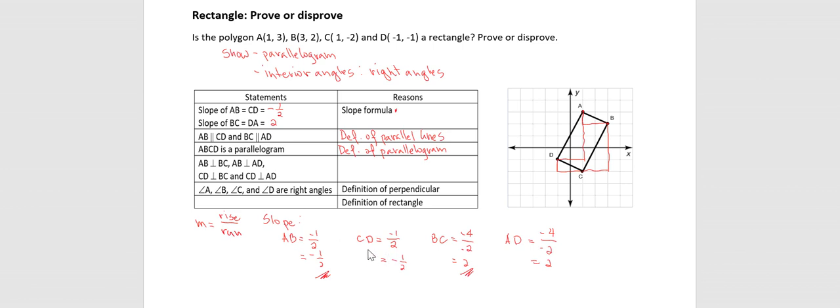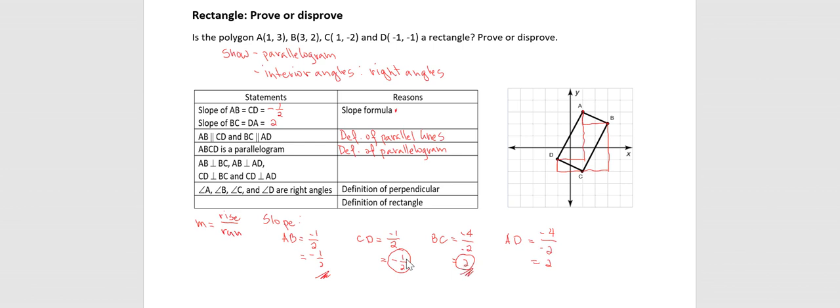Next, we compare the slope of line segment CD. The slope is -1/2, and the slope of line segment BC is the negative reciprocal of -1/2. So line segment CD is perpendicular to line segment BC. Again, consider the slope of line segment CD, that is -1/2.